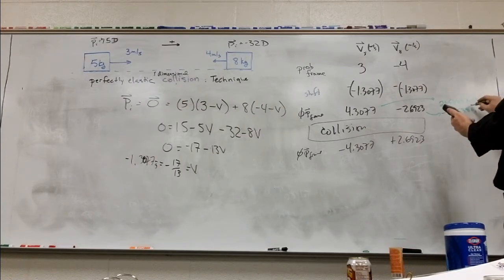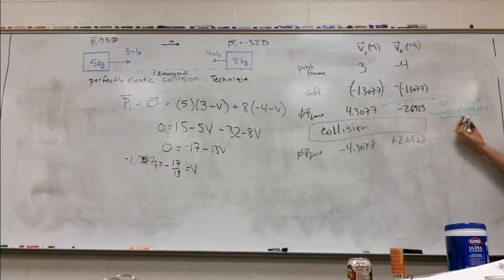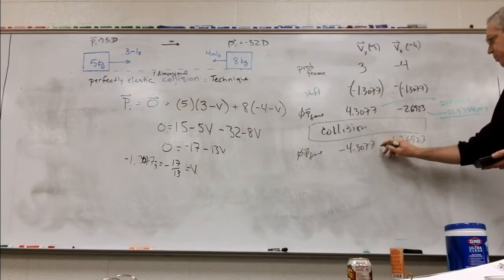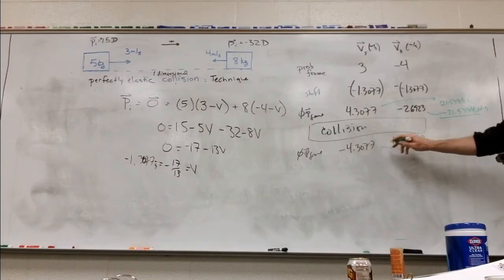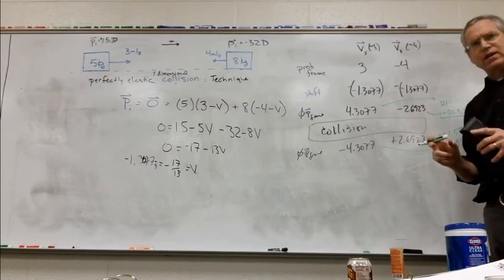Technically it's a 4, I've got a rounding error there, but if we kept the decimals all out, we'd be good, but slightly off. But this adds up close enough to 0. Over here, if I multiply it out, this one is now negative 21.53, and this one is positive 21.54. All I did was just change the signs of their momentums.